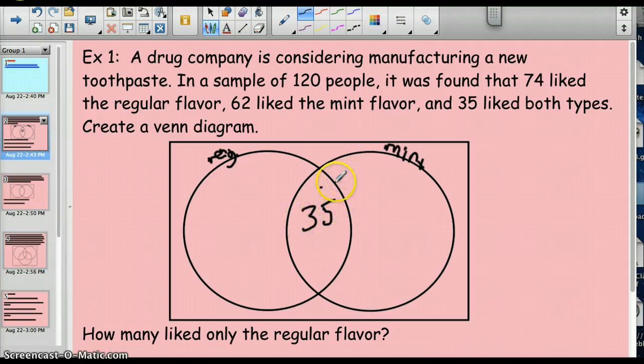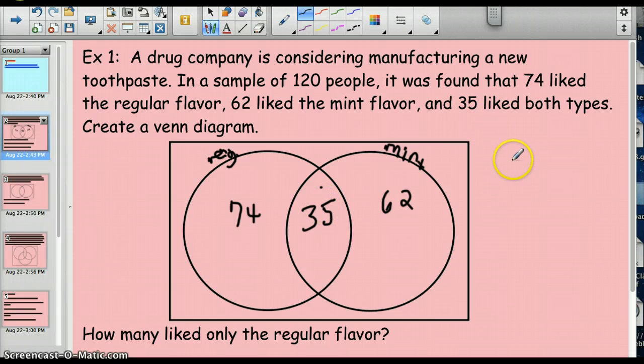Simple stuff. Now, you would think, and I'm going to model this the wrong way for you first so that you understand what not to do. You would think at this point, you would look and say, hey, there's 62 that like mint, so I'm going to put 62 over here in the mint column. And you'd think, oh yeah, and 74 like regular, so I'm going to put 74 in the regular column over here. But there is a problem with that, and I want you to look at it for just a moment to see if you can find out what the problem is with this situation.